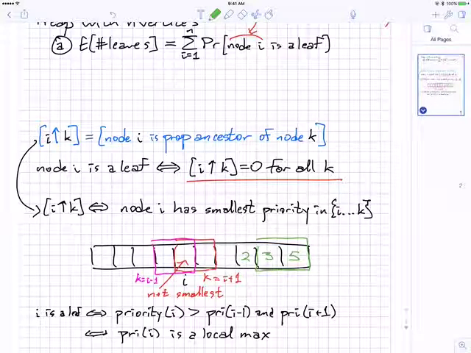But what if the 2 and 3 are put into the same branch, and 5 is on the other branch? Then I wouldn't be looking at this example. I'd be looking at a different example. But the argument is if the node in the middle has a smaller priority than the node immediately to its right, then the node in the middle is a proper ancestor of the node immediately to its right, and therefore it's not a leaf.